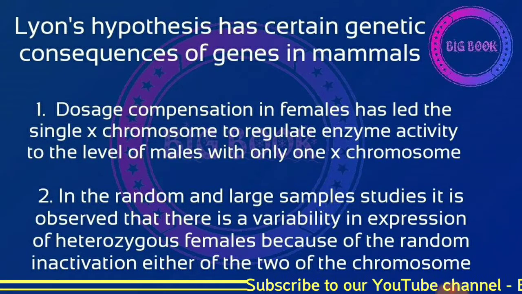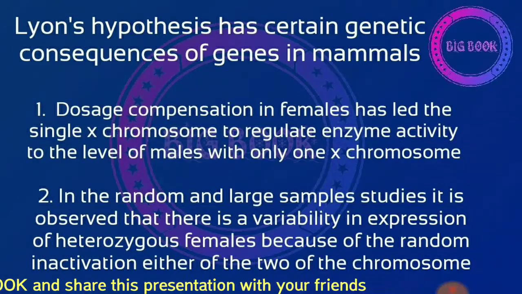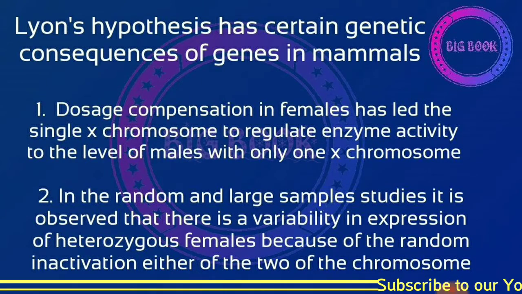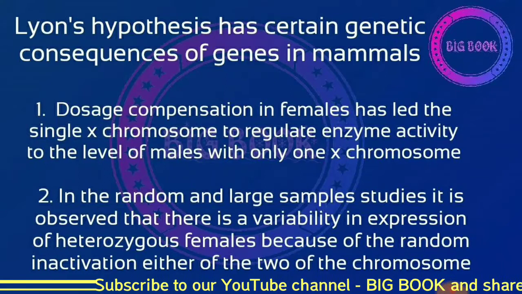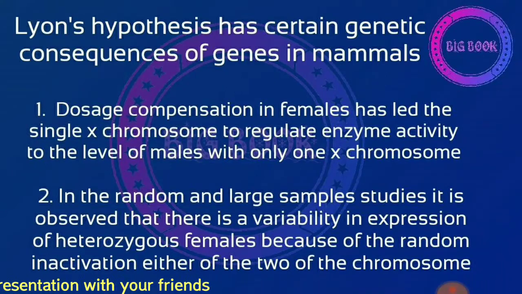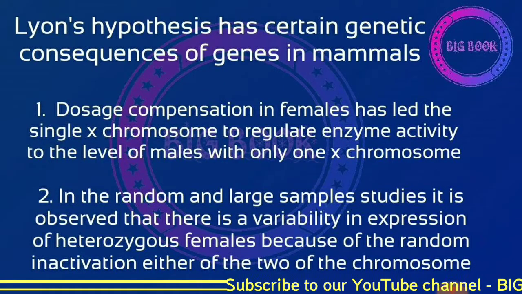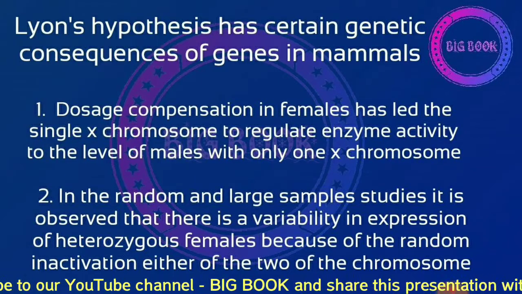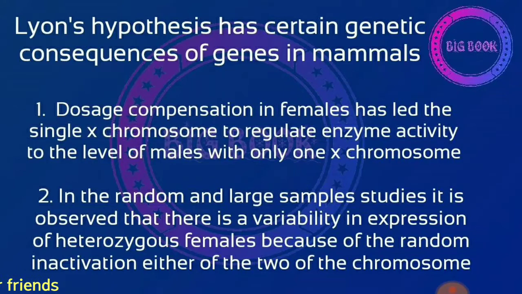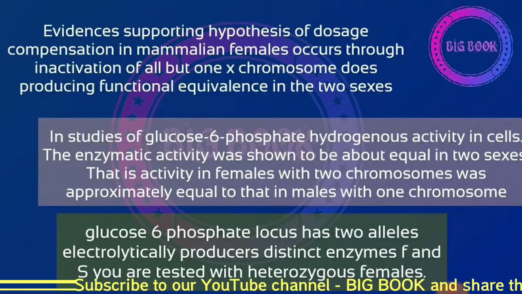The inactivation process is so random that it cannot be expected that the chromosome with this allele will become inactive in the next generation. Out of the two, any one X chromosome can get inactivated, so variability in expression of heterozygous females is seen because of the random inactivation of either chromosome.